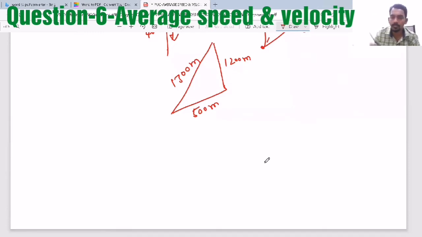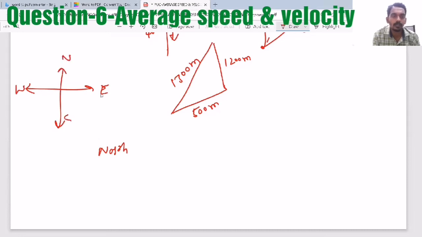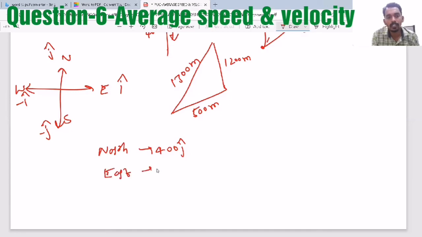But here you need to imagine properly, or else you can solve these questions if you know vectors very well. Like first it went north. So generally when you consider directions like east, west, north, south, this is i cap, this is minus i cap, this is j cap, this is minus j cap. First north means that is 400 j cap. Then east means that is 300 i cap.